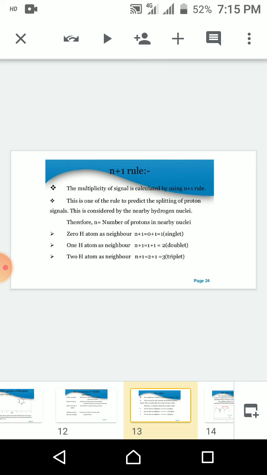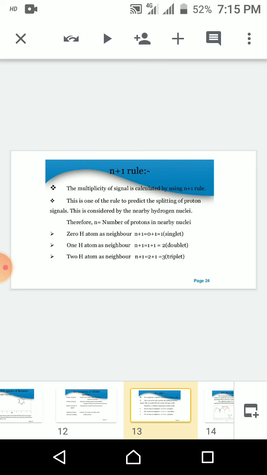What is the n plus 1 rule? It is the rule by which we can find out the peaks we receive from the spectra. The multiplicity of the signal is calculated using the n plus 1 rule.